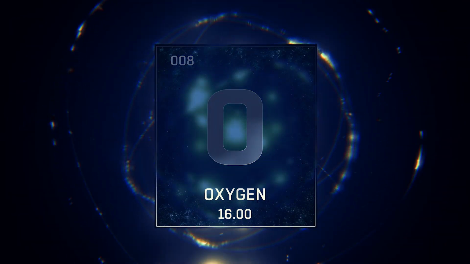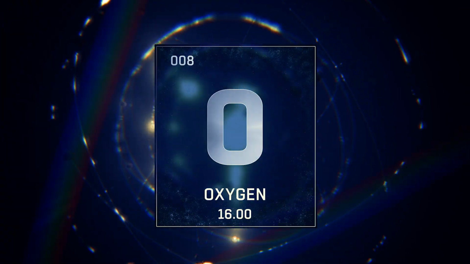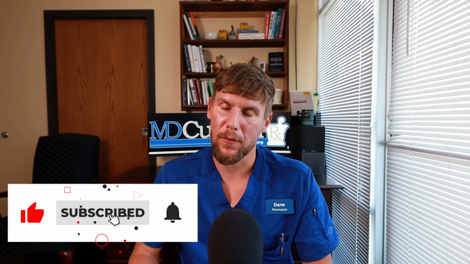But in order to get some energy from oxygen, we split the O2 into two single oxygen atoms. They're looking to accept electrons. If it accepts one electron, it becomes a superoxide, which is another free radical. If it accepts two electrons, it becomes hydrogen peroxide, which is another free radical.